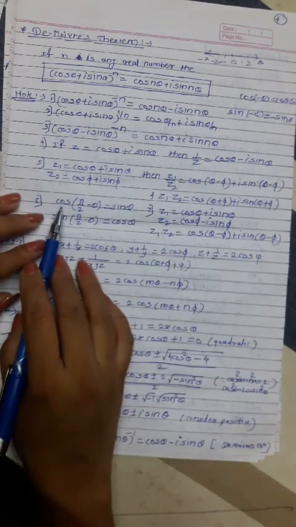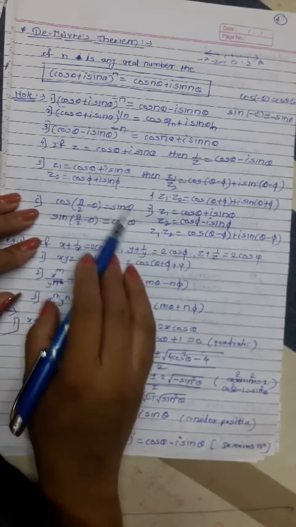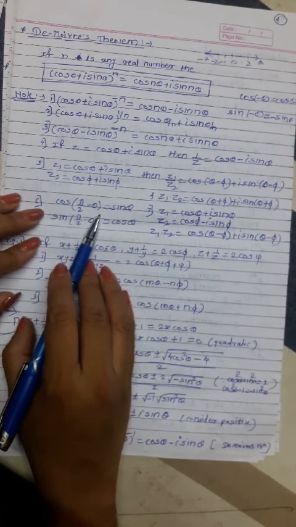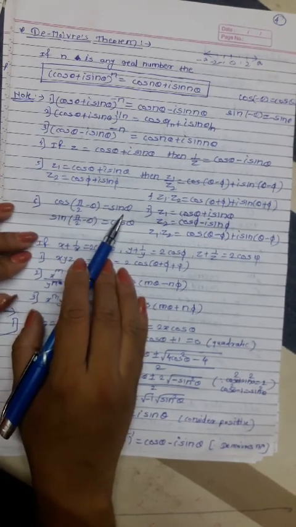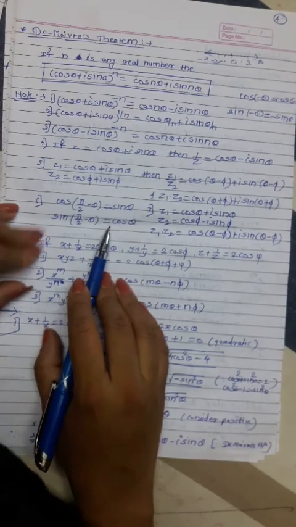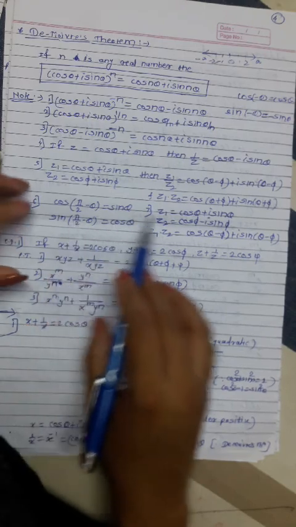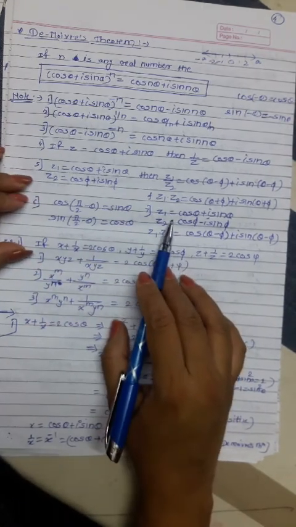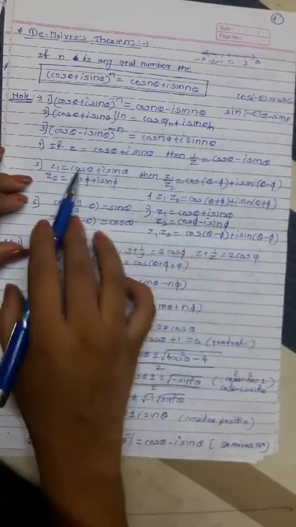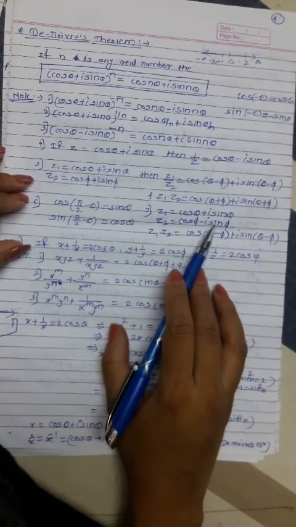Now next note, this we already know: cos of pi by 2 minus theta is sin theta. This is the formula. And sin of pi by 2 minus theta is cos theta. Trigonometric functions just change when pi by 2 is there. Okay. Suppose z1 is cos theta plus i sin theta, same assumption, and z2 is cos phi minus i sin phi.